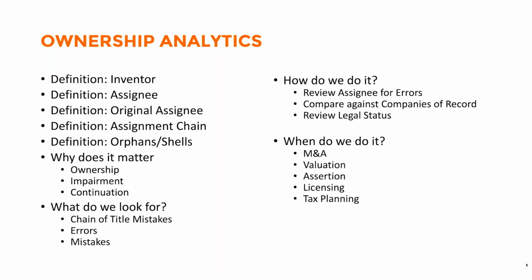Valuation, assertion, licensing, et cetera, all those sorts of things that we get into as we're doing this. Who actually owns an asset is a very important question to answer, and sometimes, in fact many times, very, very difficult. So I will start moving into some examples which hopefully illustrate some of these points.